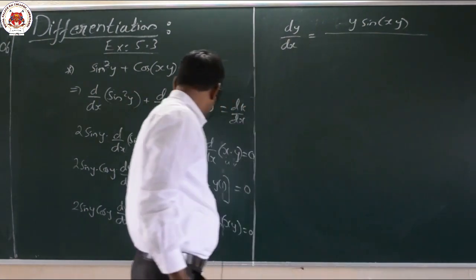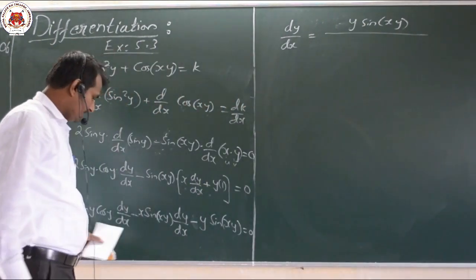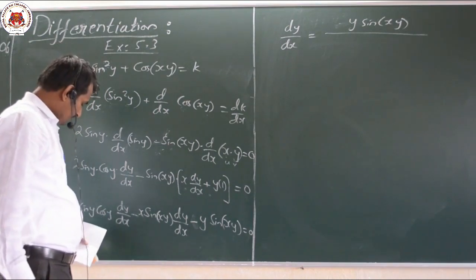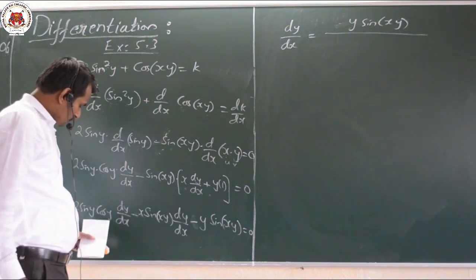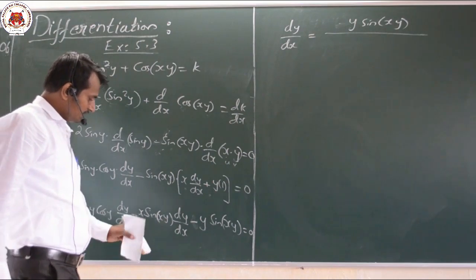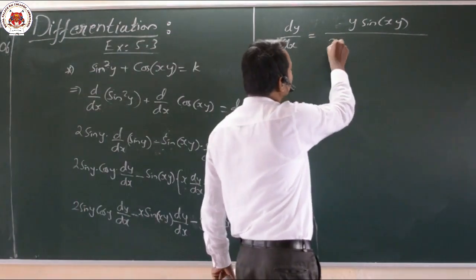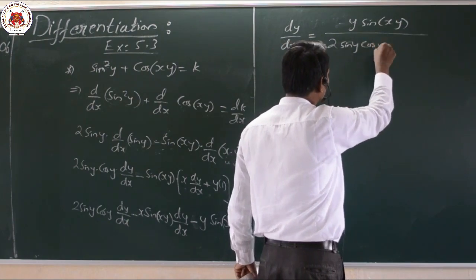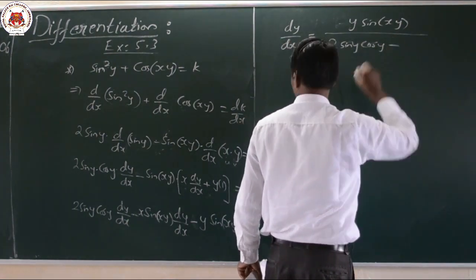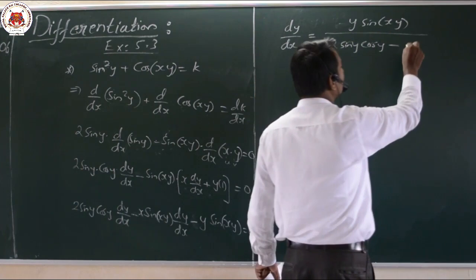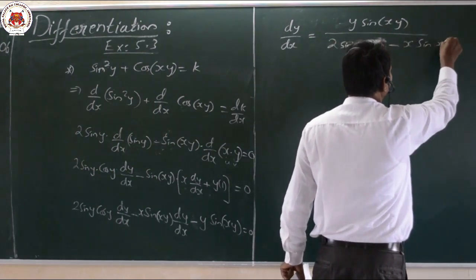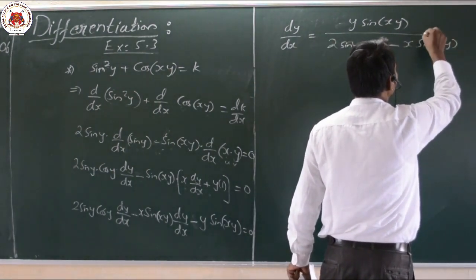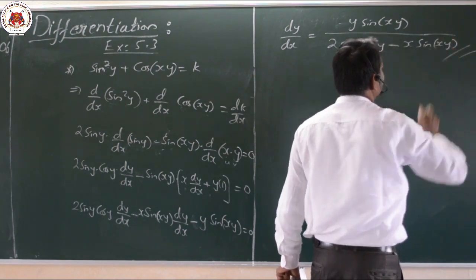Then among these two terms I can take dy by dx common and rewrite the terms, that is 2 sine y cos y minus x into sine xy. That is your required result.